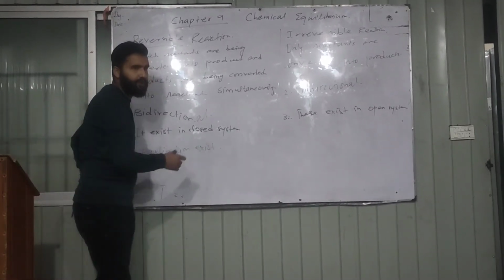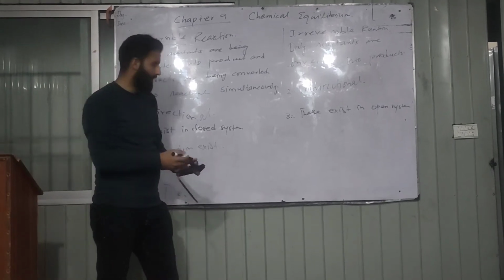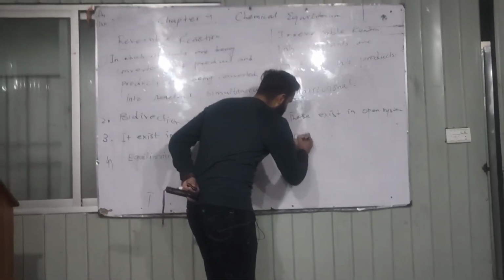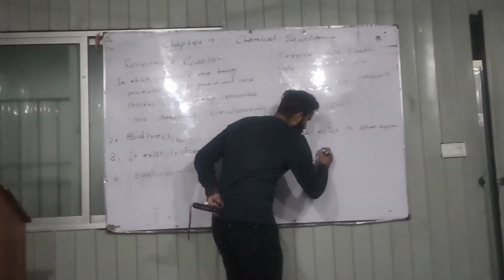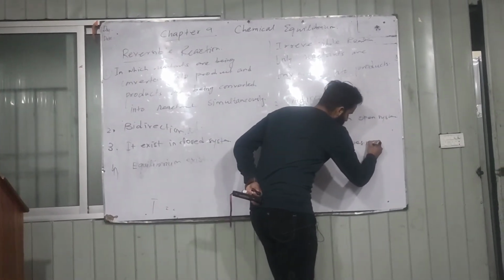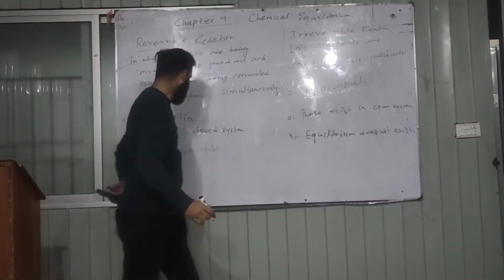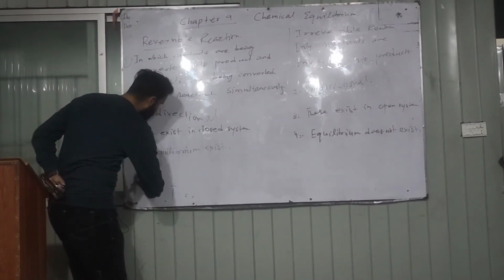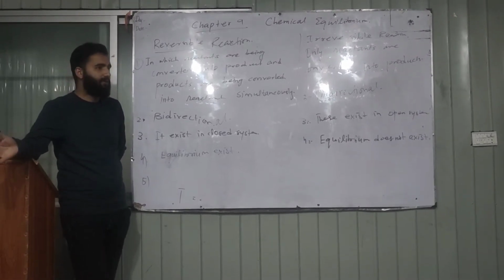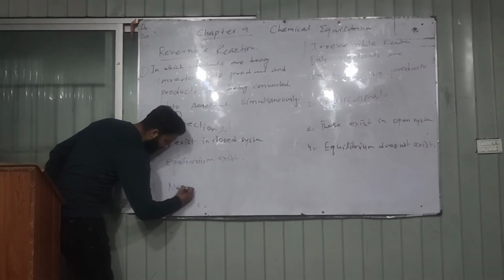We will study about it later. What is chemical equilibrium, we will study about it. And in irreversible reactions, chemical equilibrium does not exist. Clear? And whenever chemical equilibrium exists, the reaction never goes to completion. So the reaction therefore never goes to completion.